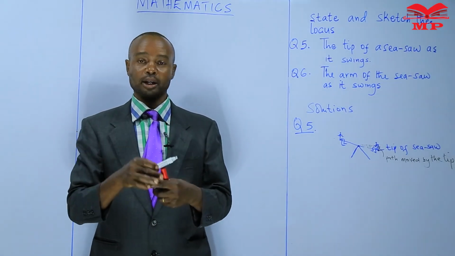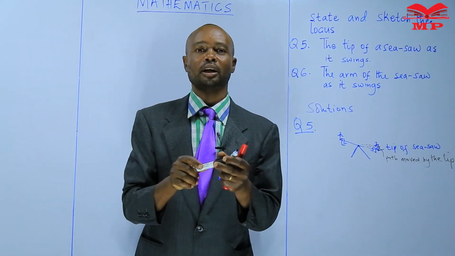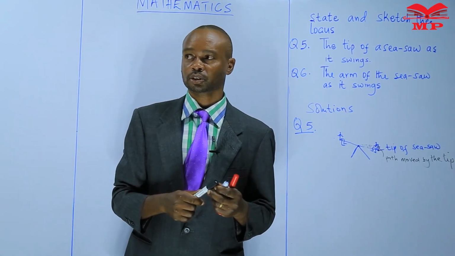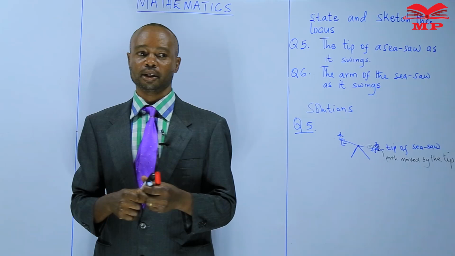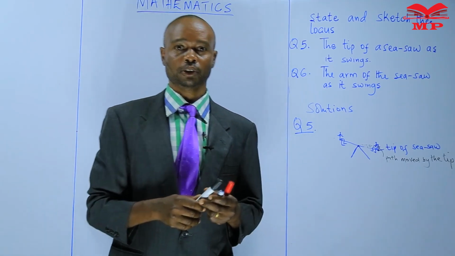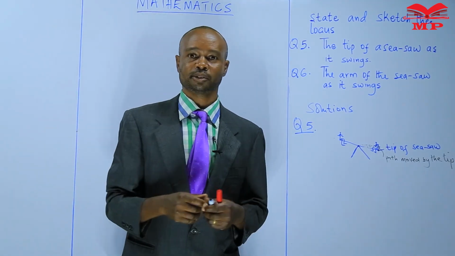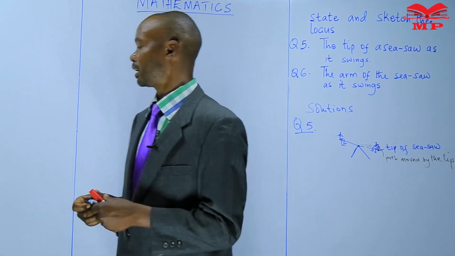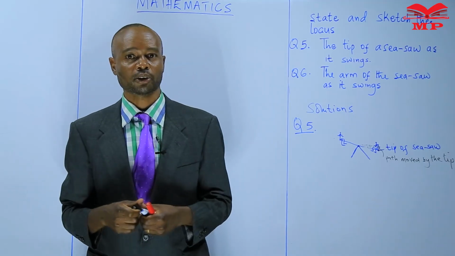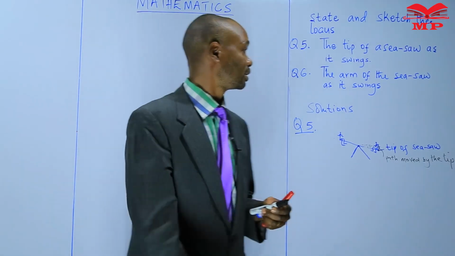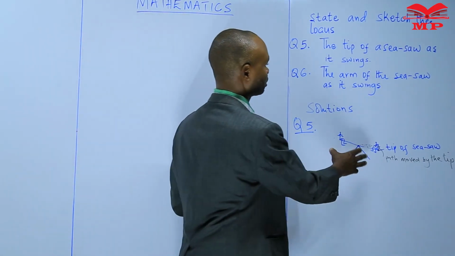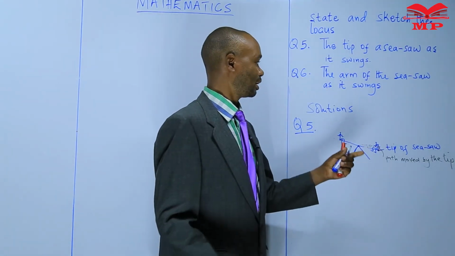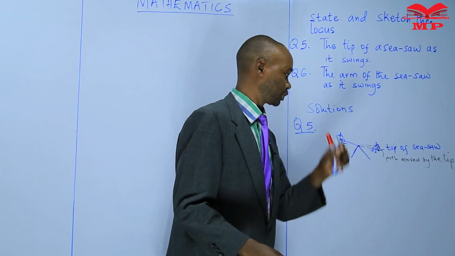If you go to our definition, we say that a locus is the path, region, or volume traced by a point, a line or a volume according to some given law. So if you go to question 5, the tip is under the arrangement of a point.